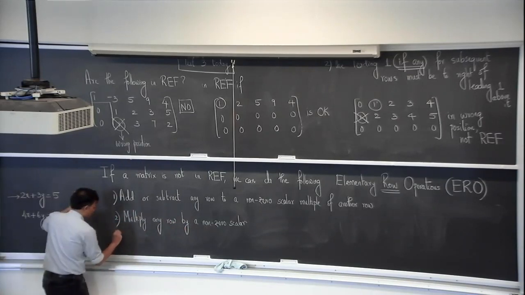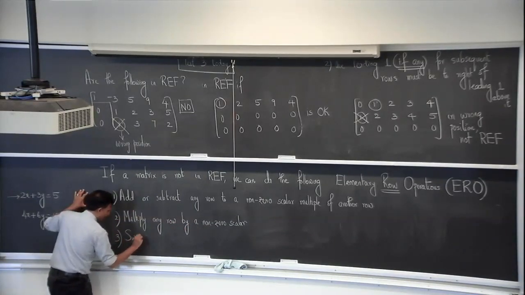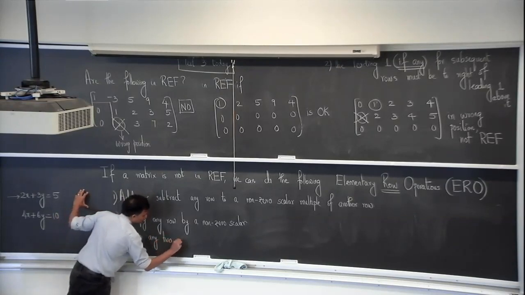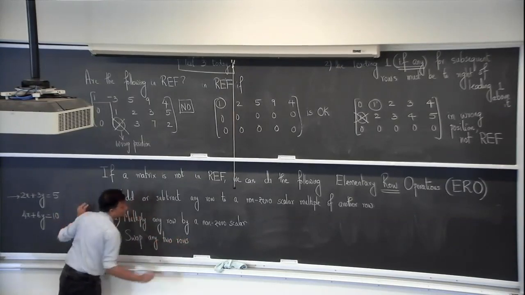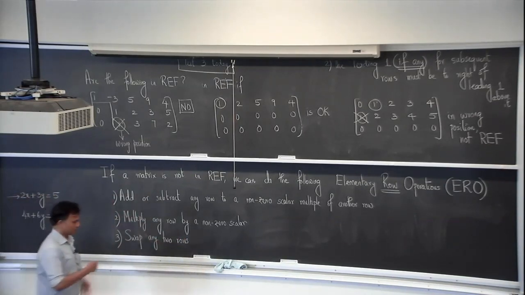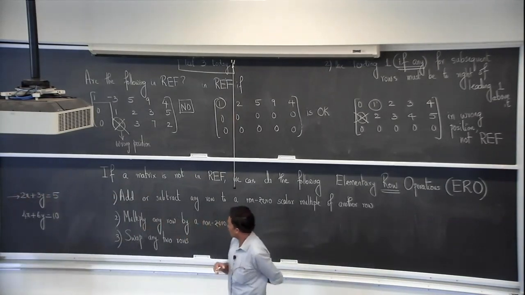The third one is probably the most underused operation. Swap any two rows. We don't do this just for fun. We do this to make sure that the matrix comes out okay in the REF form. So just don't do random things and make your life more miserable.